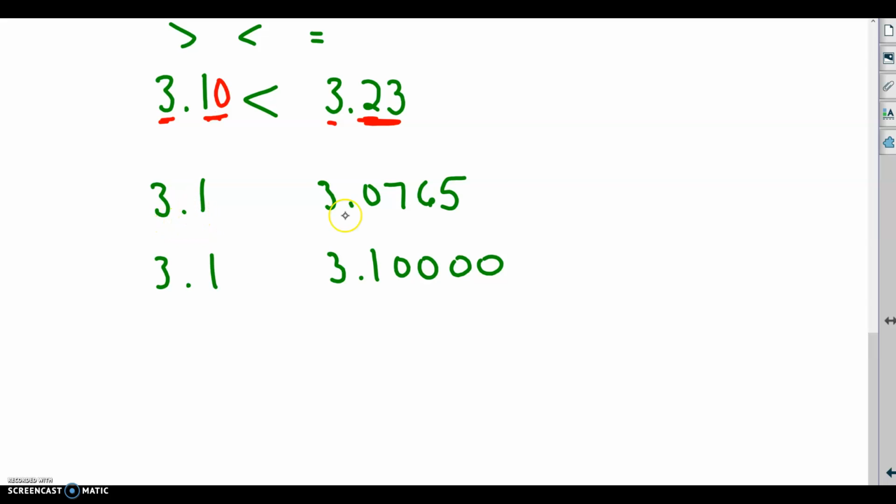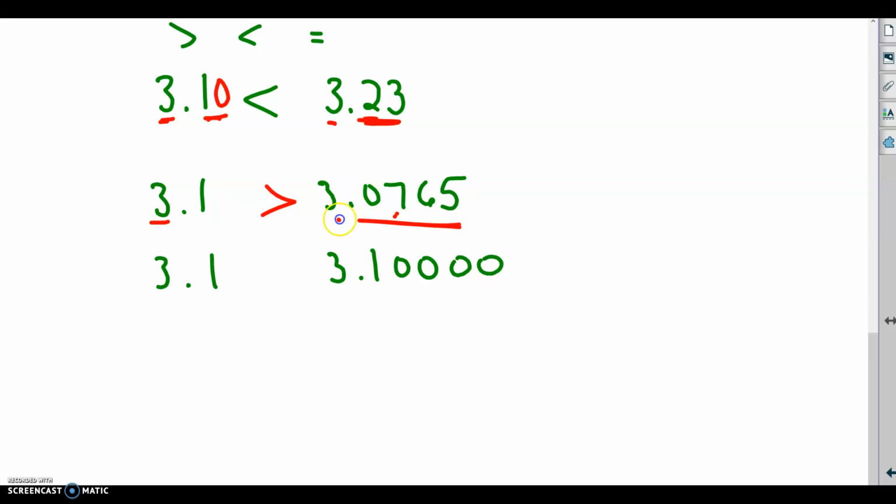3 and 1/10 and 3 and 765 10,000ths. Is it greater than, less than, or equal? I know some of you think that this one's going to be the bigger one because there's more numbers over here, but it actually goes like this.